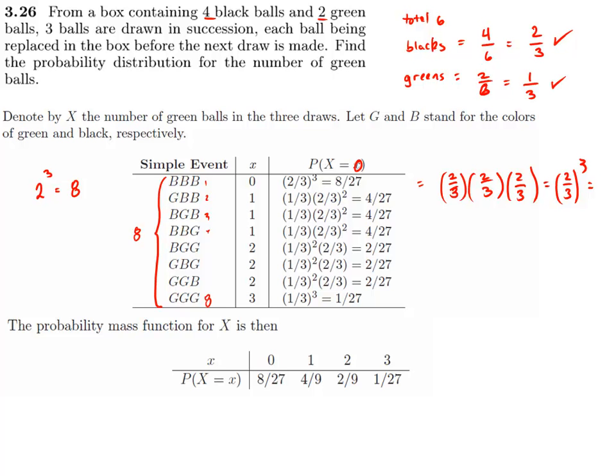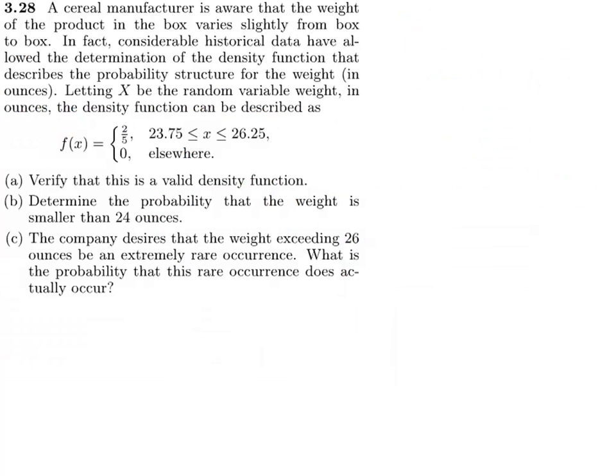Okay. What's the next problem? So the next problem is basically another continuous distribution or probability density function. So it is asking to verify that it's a valid density function. So we have 3 conditions, but if we satisfy the first 2, we can satisfy the third one.